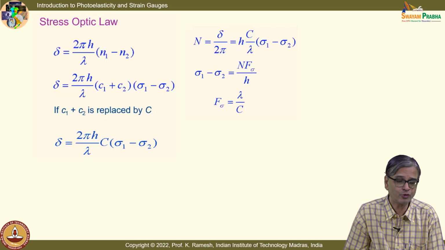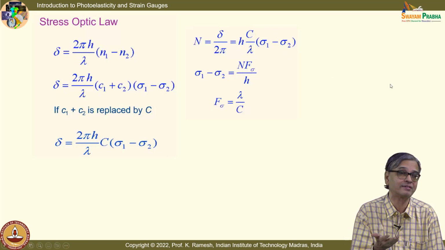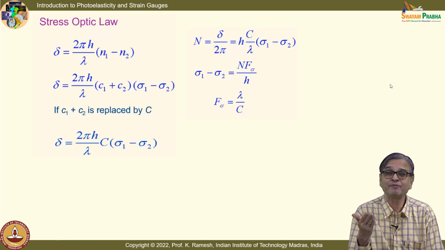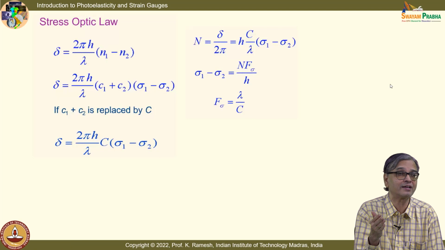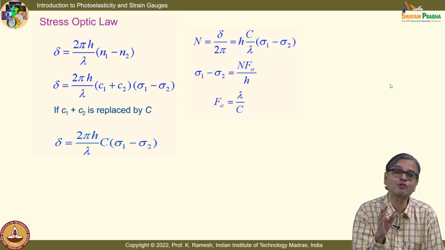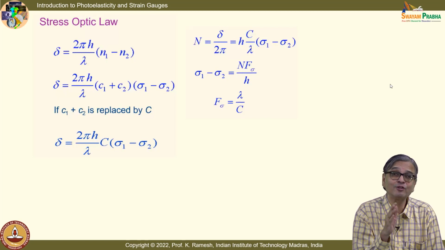Earlier, if you look at these expressions, lambda comes into the picture. Lambda means wavelength. Fine. And when we investigated the polarization, I used two different wavelengths. One is a white light, another is a monochromatic source. So the early development of photoelasticity was centered around the monochromatic wavelength. And when you use white light, you are all scientists now, you know what white light consists of.